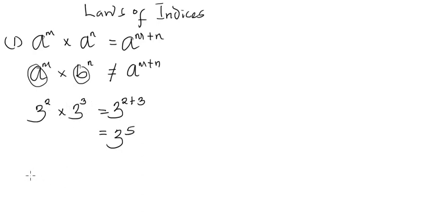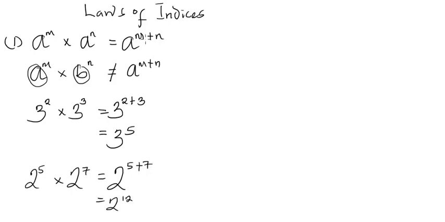Let's look at one more example. If I have 2 raised to the power 5 multiplied by 2 raised to the power 7, this is also simple because I have the same base, so I keep the common base, which is 2. Then I add the powers, 5 plus 7, and that gives me 2 raised to the power of 12.